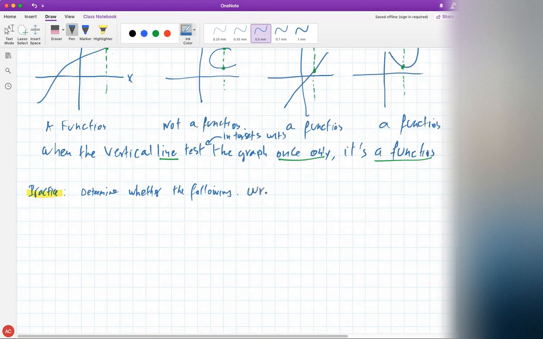Write the domain and range in set notation. These are the typical questions you will see in the homework or exams, something just like this.